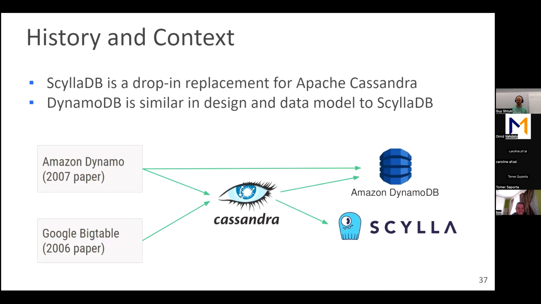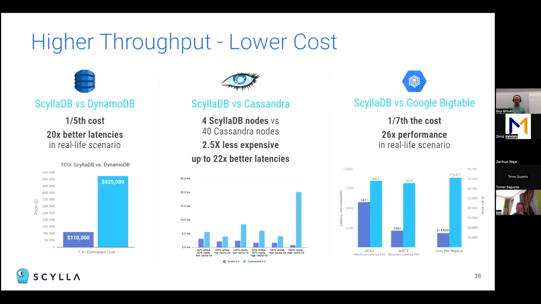It was written very close to the hardware, and that allows it to better utilize modern hardware, things like disks that don't spin, multiple CPUs, and so on, and also avoid problems like using garbage collection and other issues that Cassandra users are familiar with. And ScyllaDB was written around 2015, okay, so 8 years ago.